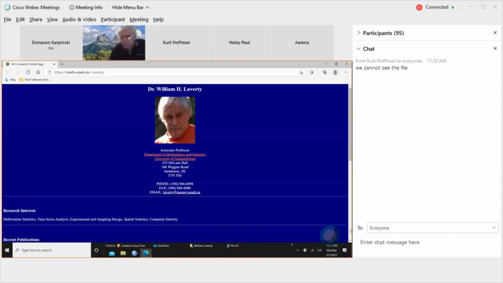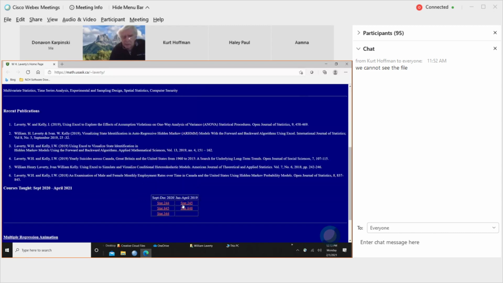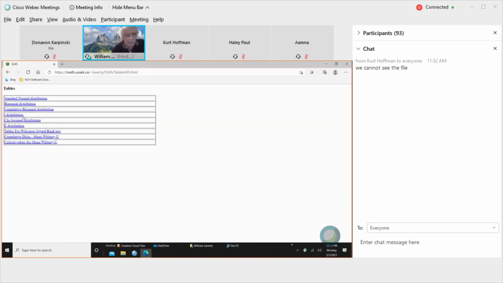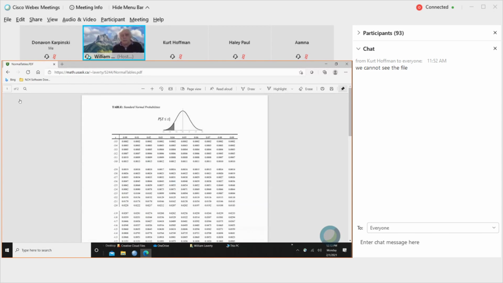Here are the tables for the standard normal distribution. They give you the area from 0 up to a point. So if I want the area between 2 points, I look up the area that's below the upper point and subtract the area that's below the lower point.